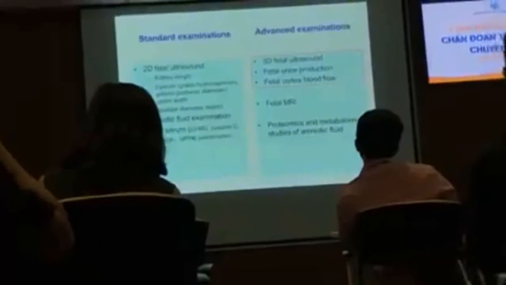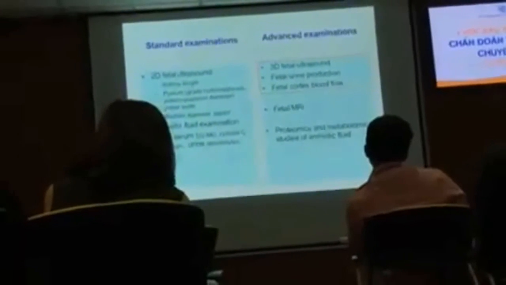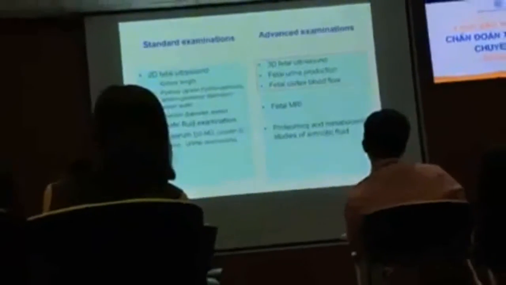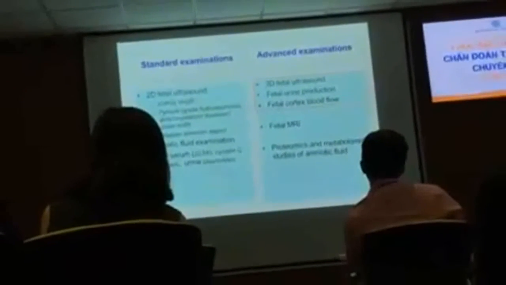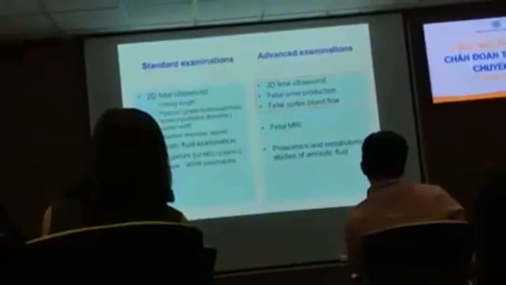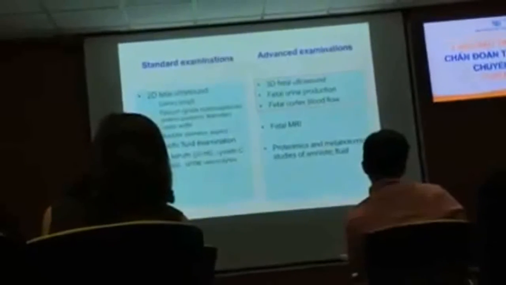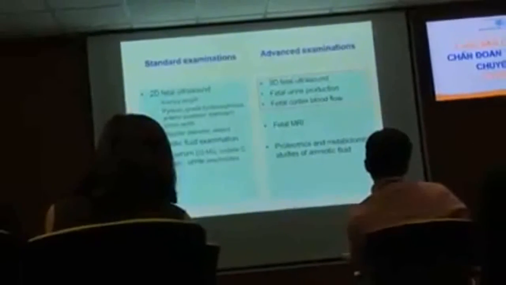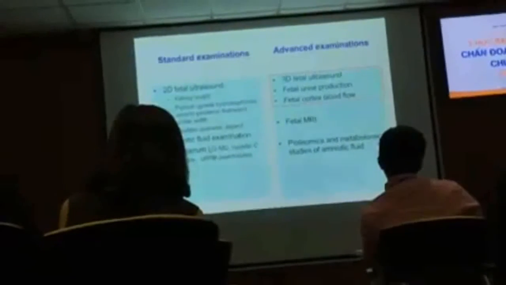But for advanced examination, I think 3D ultrasound will help, along with fetal urine production, fetal cortical blood flow, fetal MRI, proteomics, and metabolomics. But these are not standard. So you need to have the standard examination first, then do the advanced examination to confirm your diagnosis before birth.